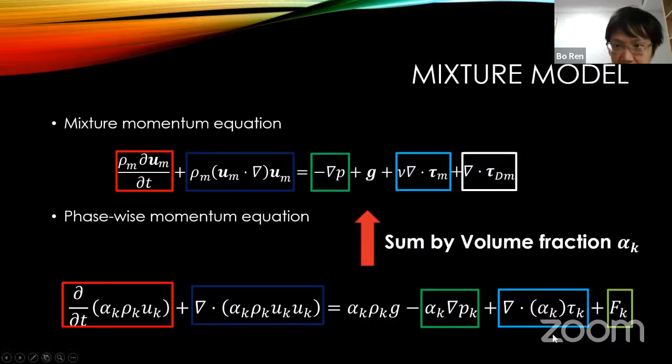On the equation below is the phase-wise momentum equation we have just seen, and if we sum the K equations together weighted by the volume fractions, we will get a mixed momentum equation, in which we use the aggregate or average velocity and average density of the mixture.